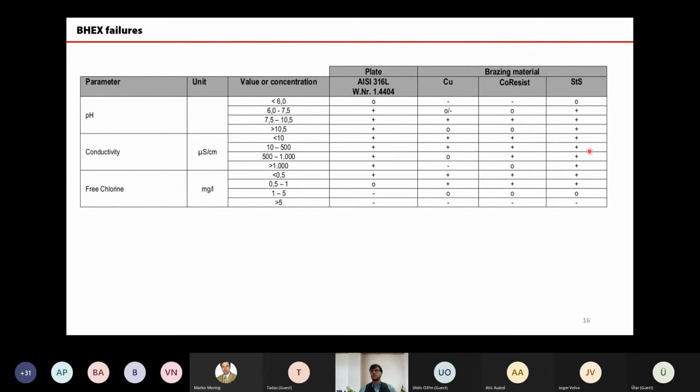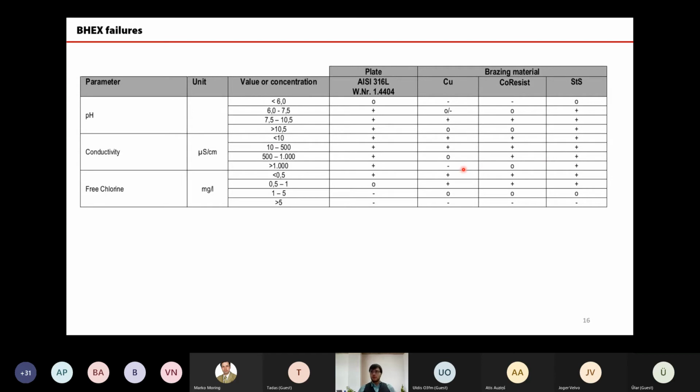Of course, it's a different price. Co-Resist is a little bit more expensive than copper, but stainless steel is on average 2.5 times more expensive. But then it completely eliminates corrosion issues. And this is now widely used in the Central European region, stainless steel brazing for domestic hot water applications, specifically in regard to electrical conductivity and galvanic corrosion problems.